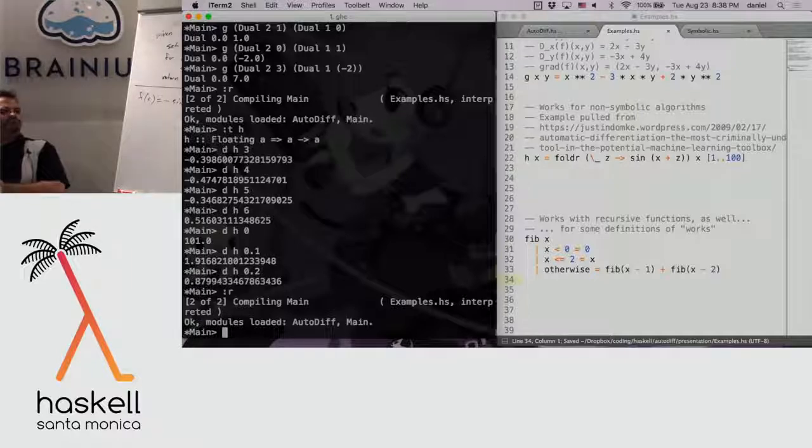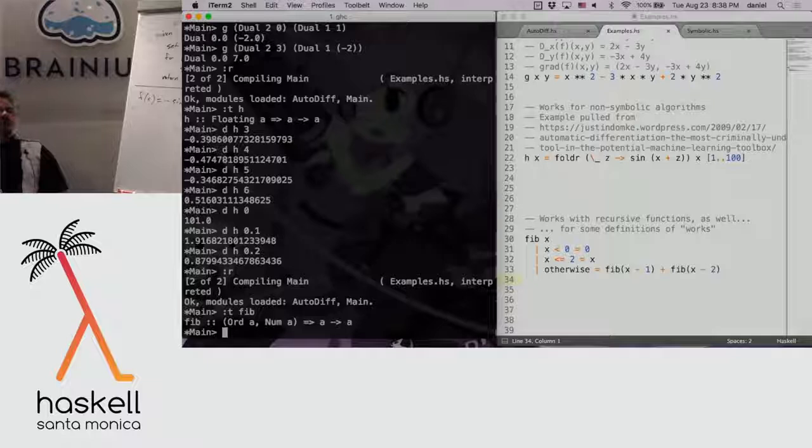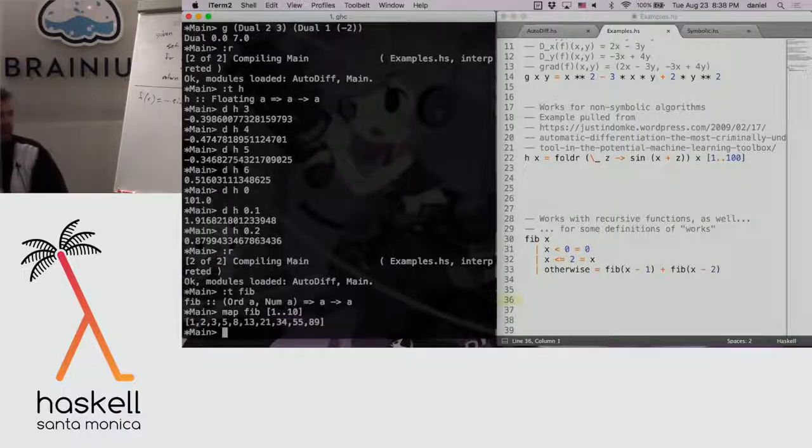Okay, so everything loaded. Let's look at the type of fib. So Ord a. That's why I have Ord in there, or maybe I have Ord in here because of this. Anyway, a to a. And let's actually map fib over 0 to 10.